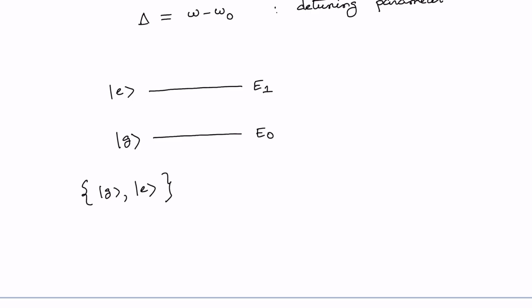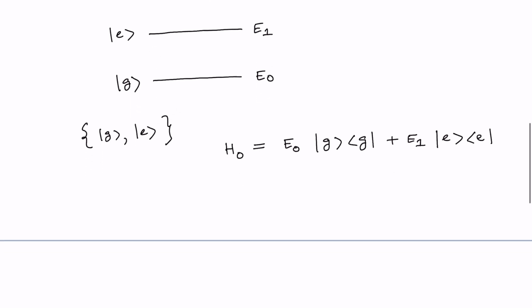The Hamiltonian of this two-level atom when it is not interacting with any external field, here in our case the light field, we can write as E0 |g⟩⟨g| plus E1 |e⟩⟨e|, where E0 is the ground state energy and E1 is the excited state energy.